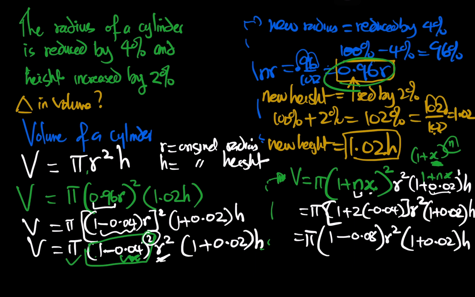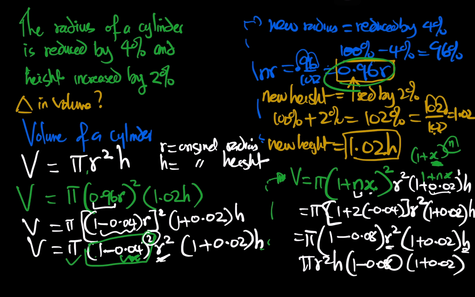Now they're all multiplying, so it's going to be pi r squared h. The r squared will come together. You're going to have 1 minus 0.08 and then 1 plus 0.02, beautifully done.